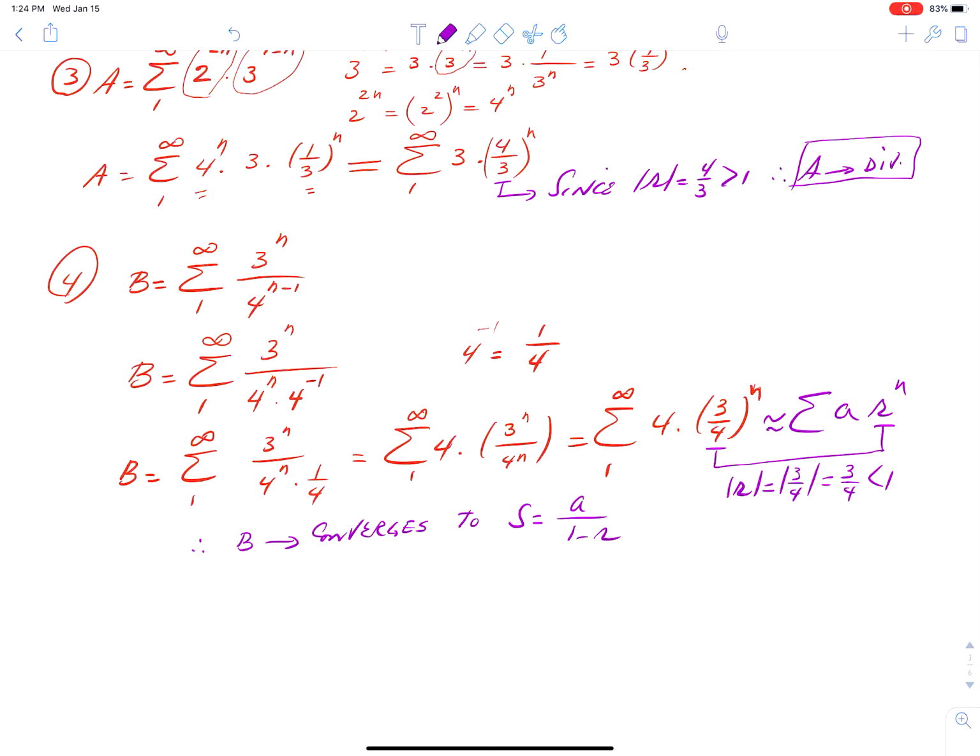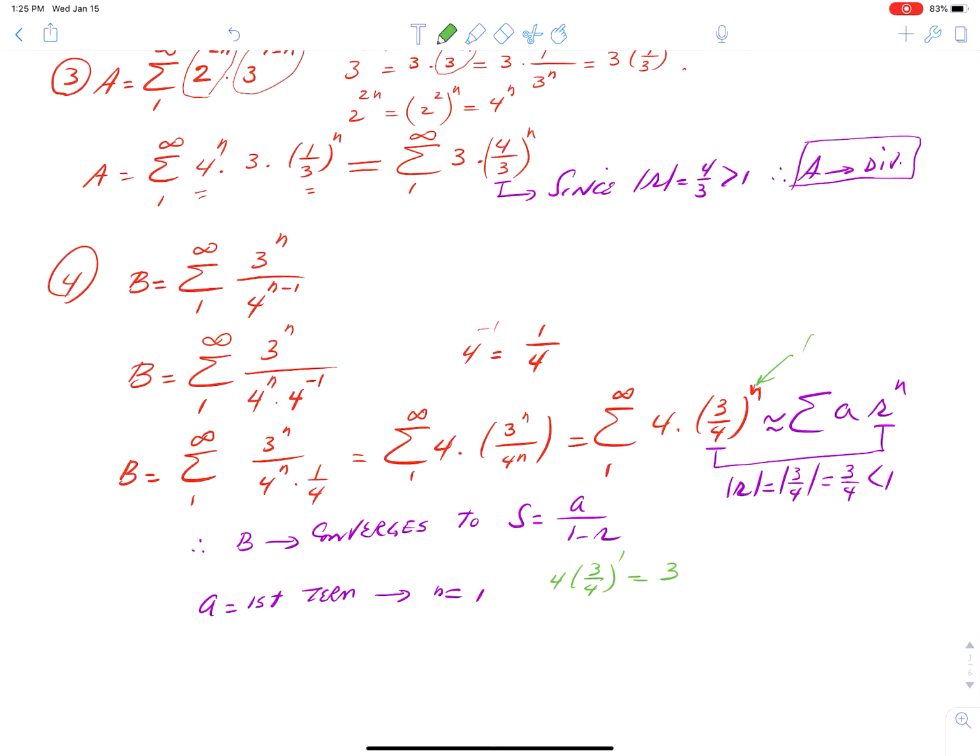And A, again, as before, is always the first term. First term is when n is equal to 1. You go back to here if you want. When n is 1, we get 4 times 3/4 power 1. 4 and 4 cancel out.